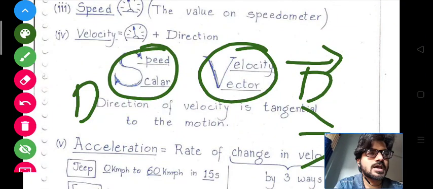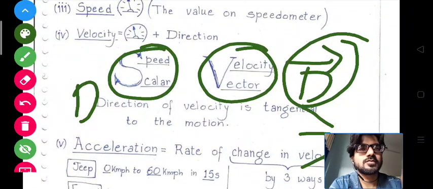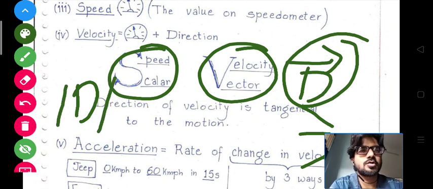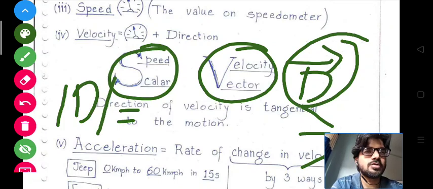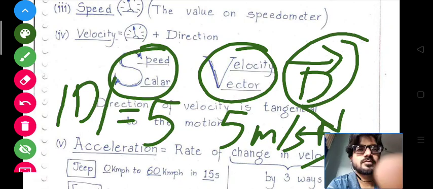The vector sign is always represented by an arrow, but a scalar has only magnitude, represented by a modulus or a certain value without direction, whereas a vector has direction, like 5 meter per second north.